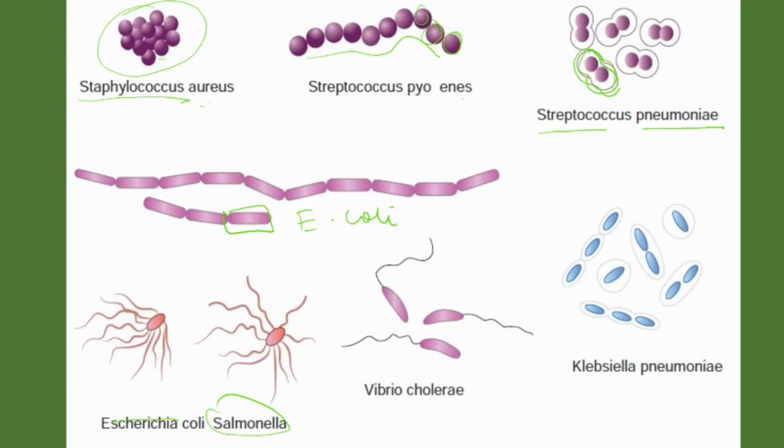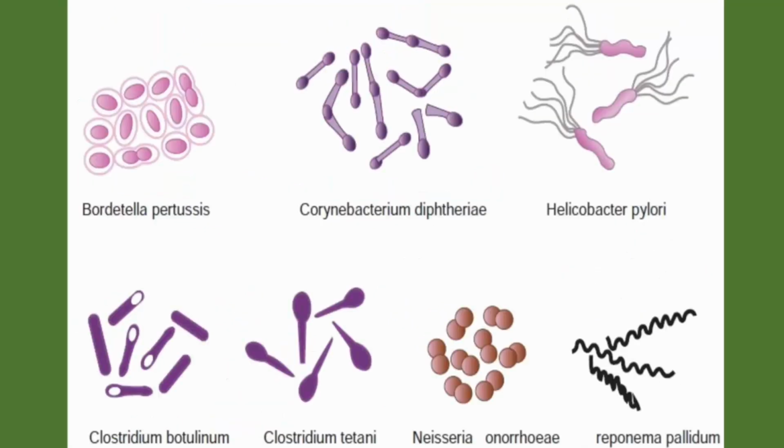You can see the peritrichous structure in the Salmonella. This is Vibrio cholerae, and this is Klebsiella pneumoniae. Other examples are Bordetella pertussis, Corynebacterium diphtheriae, Helicobacter pylori, Clostridium botulinum, Clostridium tetani, comma shaped structures, Neisseria, and Treponema pallidum, spiral structures.